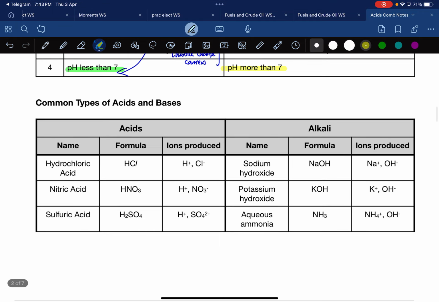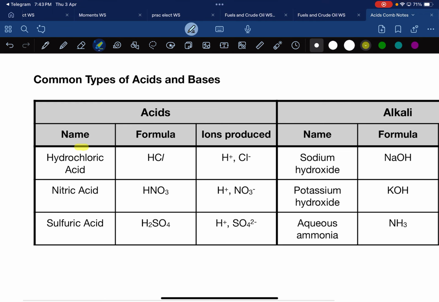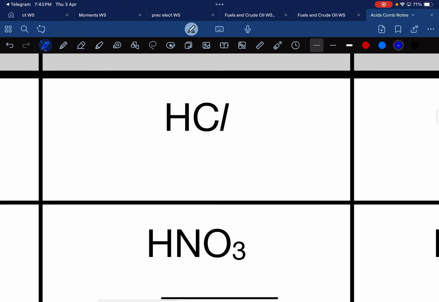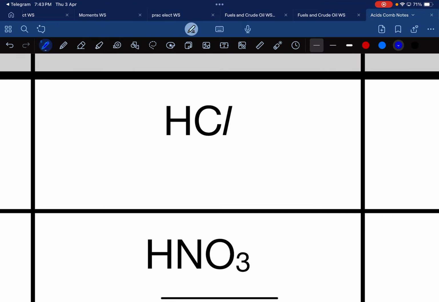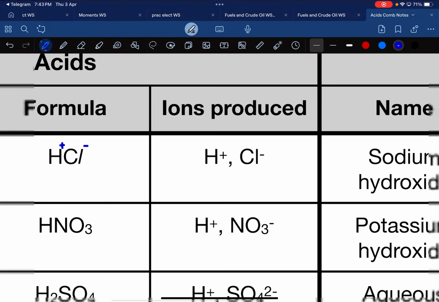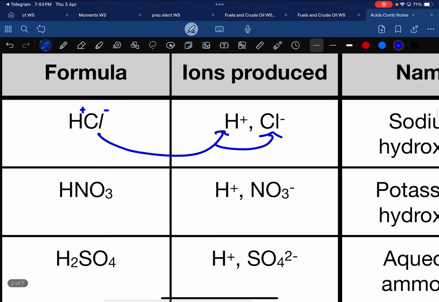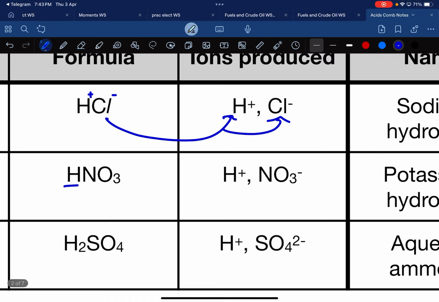Okay, so certain acids that you have to remember. Hydrochloric acid, this is the easiest one. You see your HCl, it consists of your H+ and your Cl- ion, which means during your ionization process, you will split up into your constituent ions. Then you have your nitric acid.